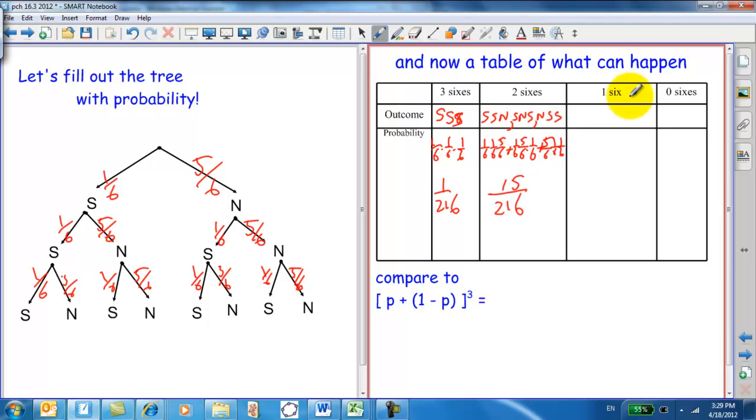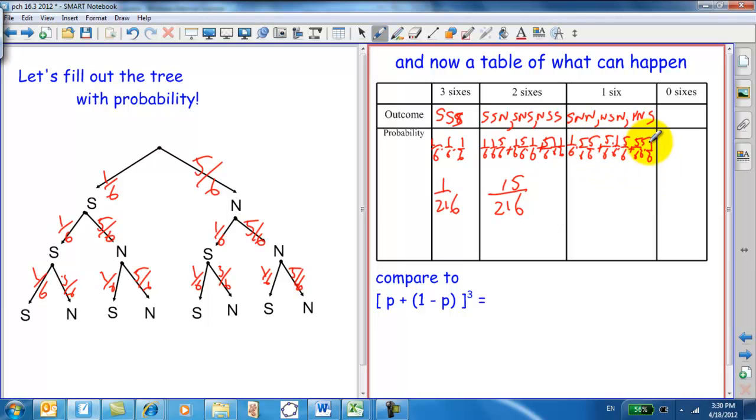Now let's look at the chance of getting 1 6. So that could be a 6 and then 2 non-6s, a non-6, a 6, and then a non-6, or a non-6, a non-6, and then a 6. So that's a 1/6 times 5/6 times 5/6. I think you see a pattern here. 5/6 times a 1/6 times 5/6. And then 5/6 times 5/6 times a 1/6.